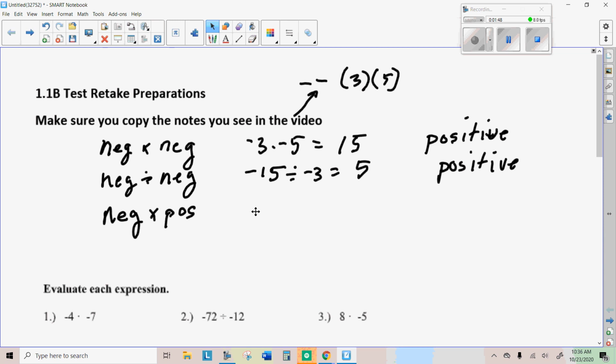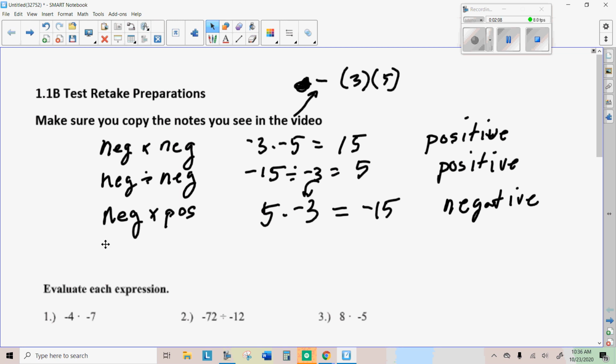Like I said, the order won't matter, so if I put the positive first times the negative, notice there's only one negative in here now, so it'd be like taking this away here. So it would be -15.